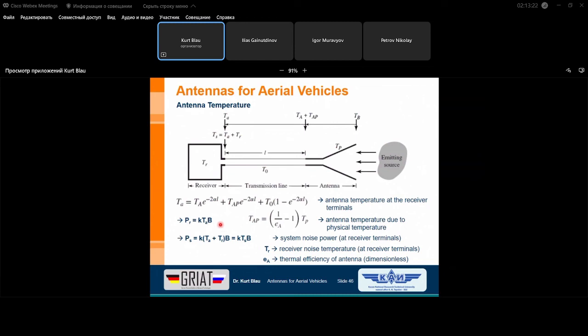We notice here, this is now the equivalent noise temperature of our antenna. This is the receiver noise power.